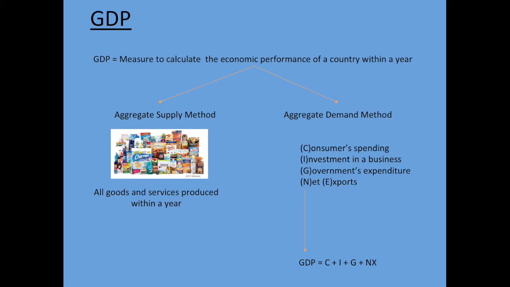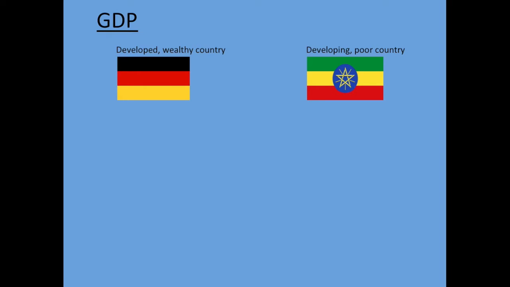I should show you an example of GDP by comparing two different countries. Let's have a look at a well-developed and wealthy country like Germany and compare it to a still developing country like Ethiopia. We see that the GDP of 2014 of Ethiopia was $132 billion, and the one from Germany was $3.47 trillion.